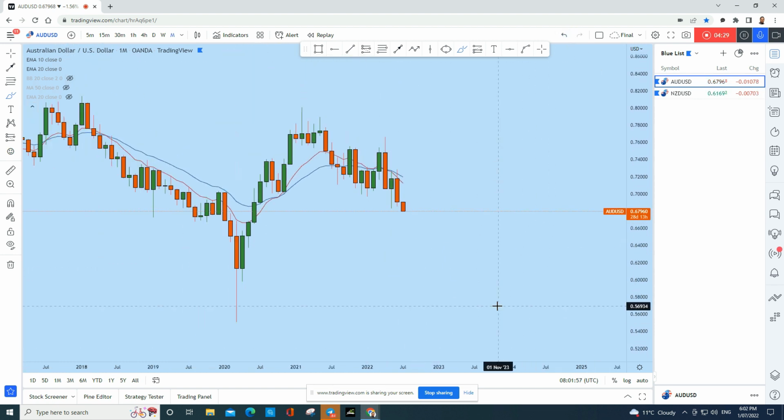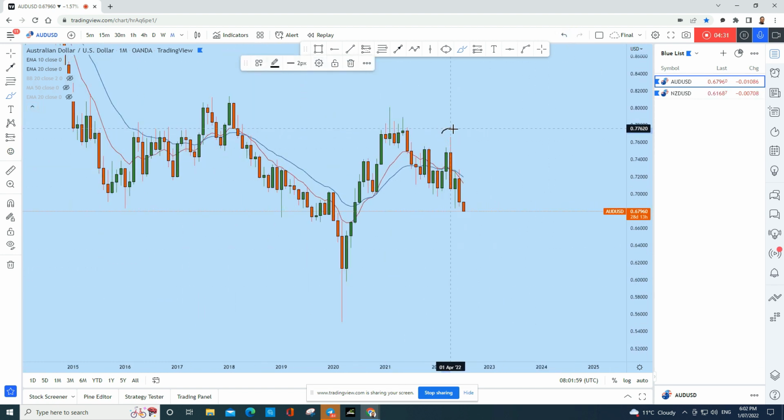Now if you look at the bigger picture, as I told you, there is a bearish engulfer on the Aussie dollar on the monthly time frame, followed by this green doji retracement, and now back to back 2 months we see that Aussie dollar is dropping.